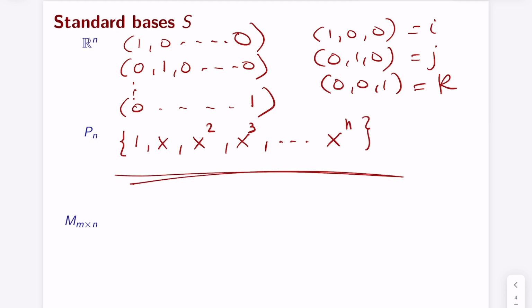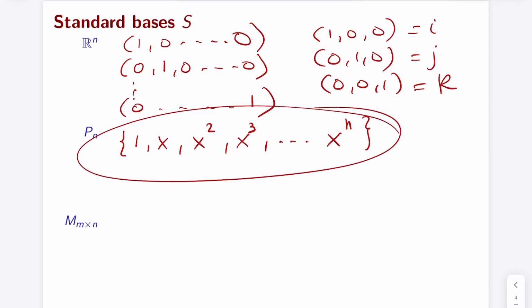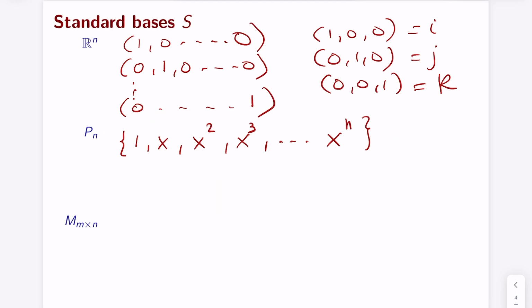So this is the standard basis for Pn. Observe how many vectors are here: 1, 2, 3, 4, n plus 1. If you count carefully, you will see that the number of elements here is n plus 1. So the dimension of Pn is n plus 1.